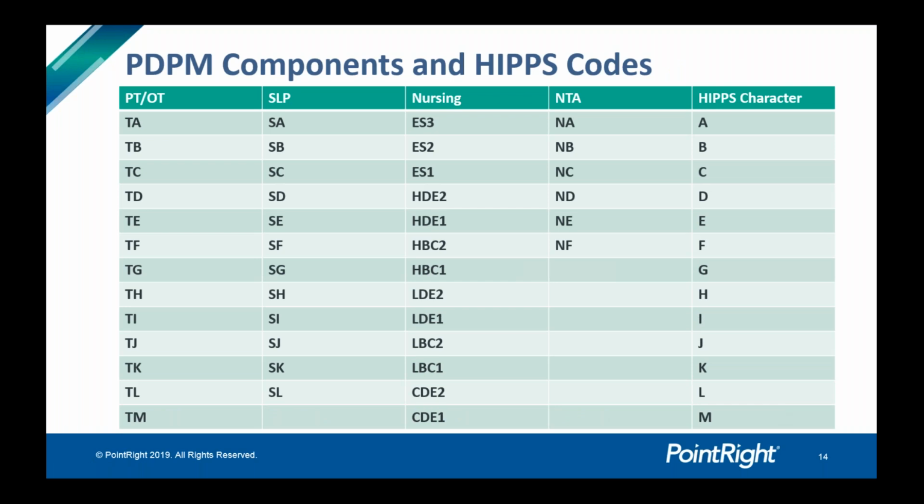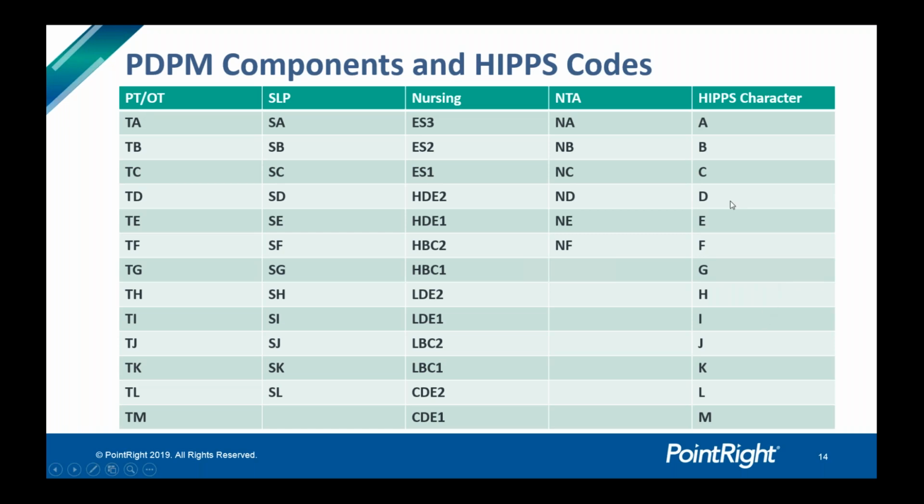Now, one thing that you don't see in this table is the case mix index that goes with each of these PDPM categorizations. So always keep an eye on the CMI for each of these categorizations, because sometimes a lower classification like a TC has a higher CMI than a TA, just because of how CMS's research has determined the therapy costs go along with that classification.